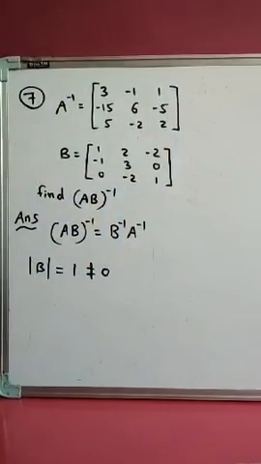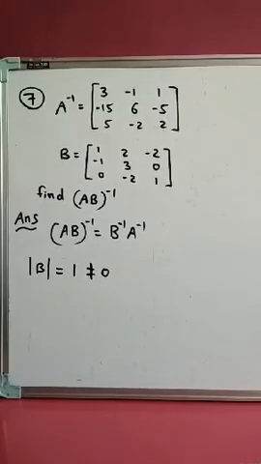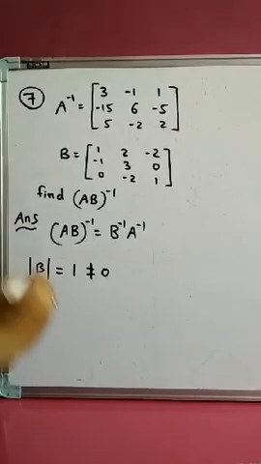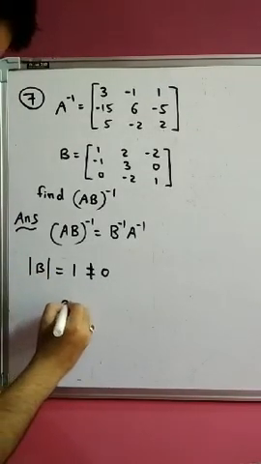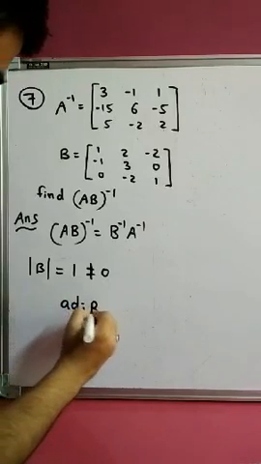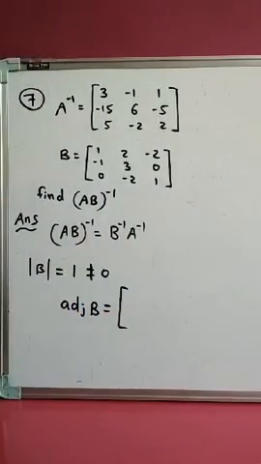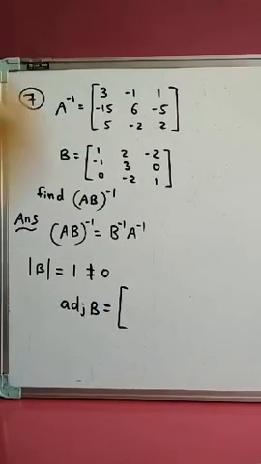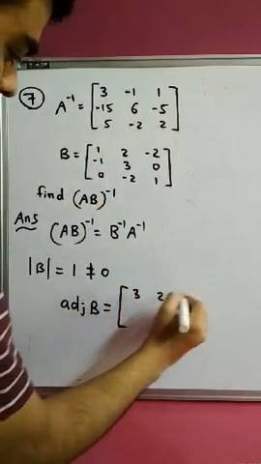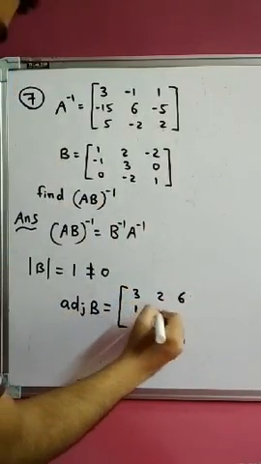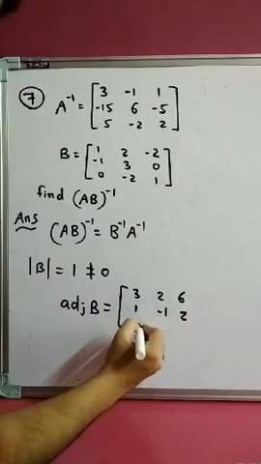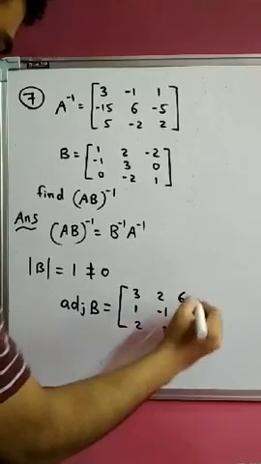After this we need to find adjoint of B. All of you know how to find adjoint of B. I am writing the adjoint of B answer over here: 3 2 6, 1 minus 1 2, 2 2 5.